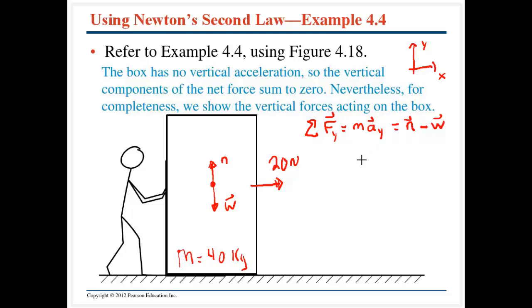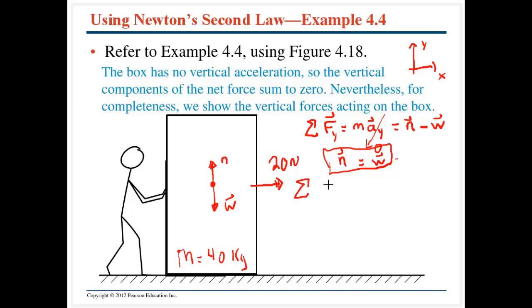It's very rare that I've pushed a box from left to right and it has accelerated up or down. So the acceleration in the y direction is equal to 0, and this says the normal force is equal to the weight. This is true when we're looking at objects that don't have a slope to them. This may not necessarily be true when we look at ramps.